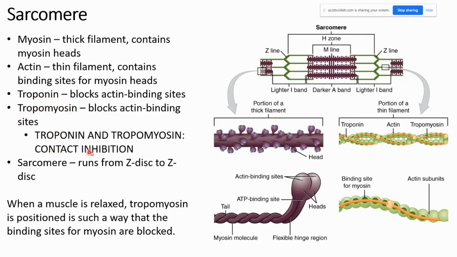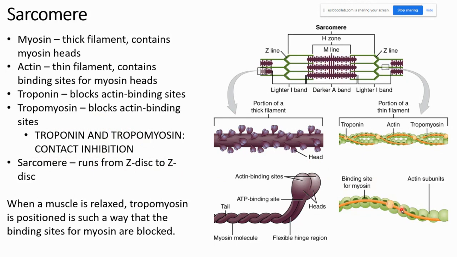I just added this before we started today because I saw it didn't say it there. So troponin and tropomyosin perform contact inhibition. They're blocking, right? They prevent the myosin heads from binding. They're in the way. So if that myosin head wants to go up and grab actin to slide it towards the center of the sarcomere, it can't do that because tropomyosin, this long orange-looking protein, is inhibiting it from doing so, right?